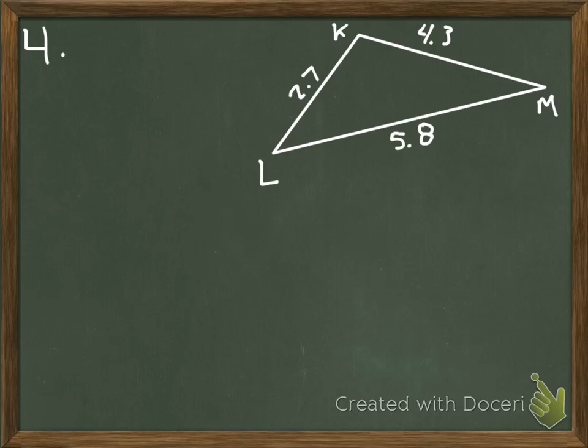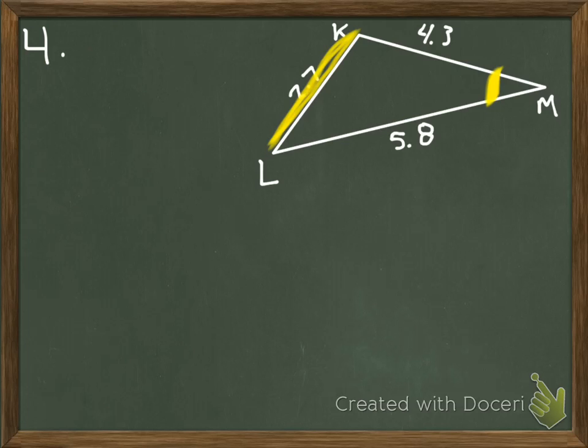We don't know any of the angles right now, but the length of KL is that length because of the size of angle M. The more we open up angle M, the larger LK would get. The more we shrunk down angle M, the smaller LK would get. So LK, the smallest side, goes with the smallest angle.